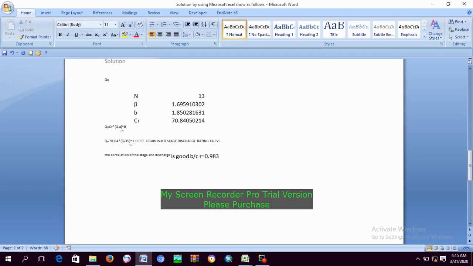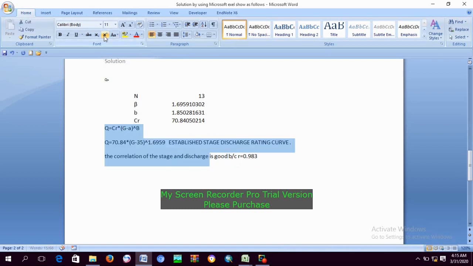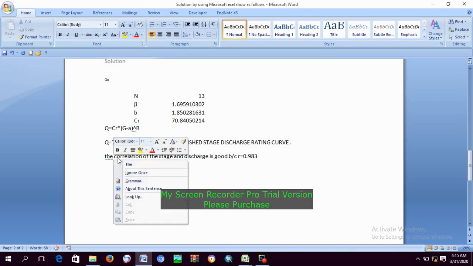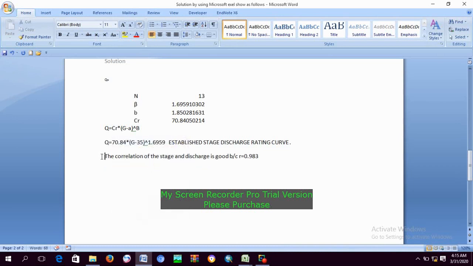It is near to 1, so there is a good correlation. That is the answer for question 2.